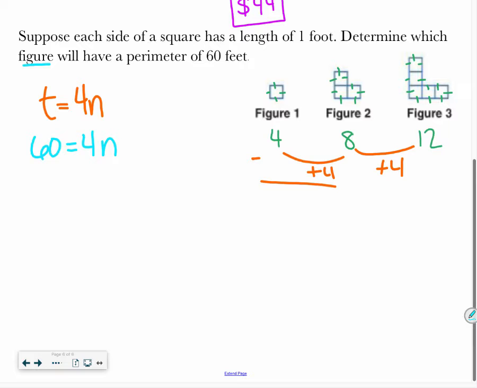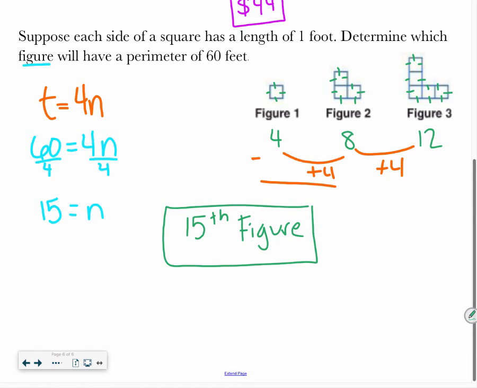My 4 and n are being multiplied together. So in order to undo multiplication, I know I have to divide both sides by 4. So I know that n equals 15, which is another way of saying the 15th figure will have a perimeter of 60 feet.